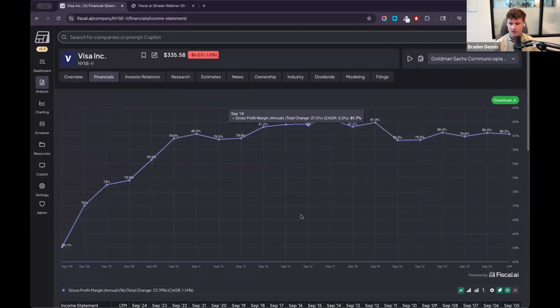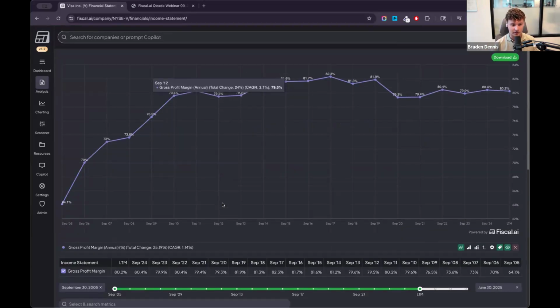For a company like this, they have been able to maintain unbelievable profitability. And this speaks to some competitive advantages that we'll talk about in the future, but they're able to maintain their profitability and their gross margins on what they're making in each transaction extremely well.